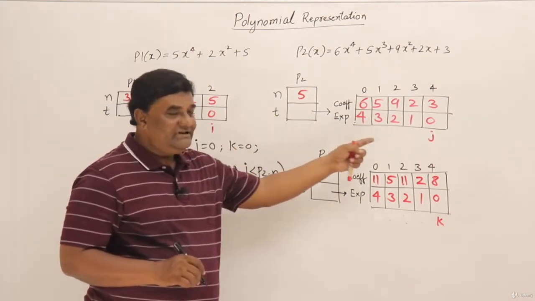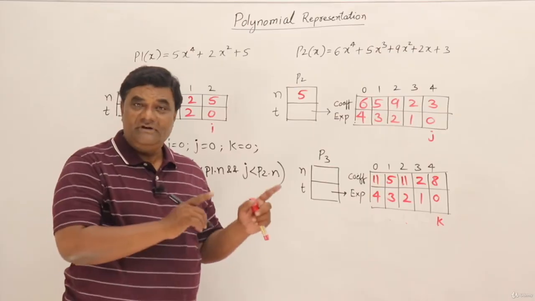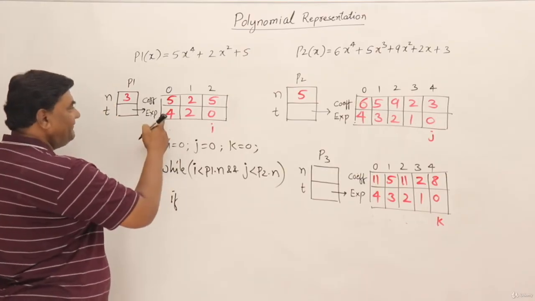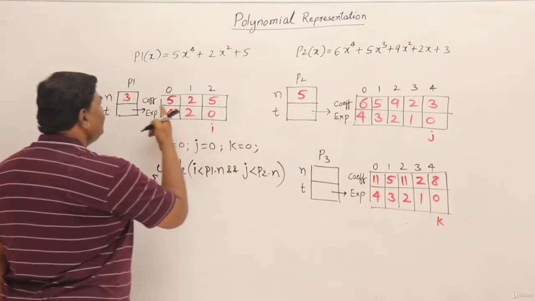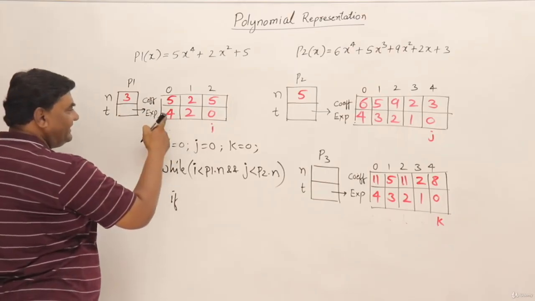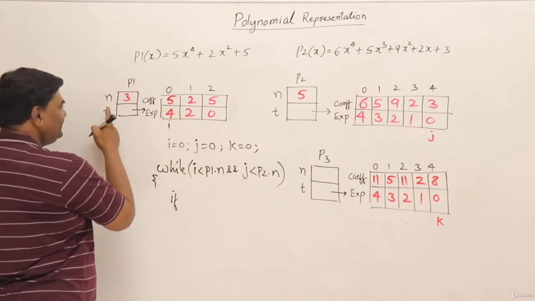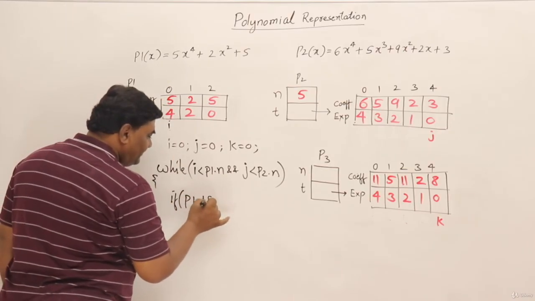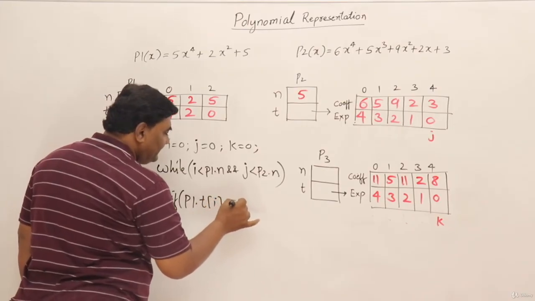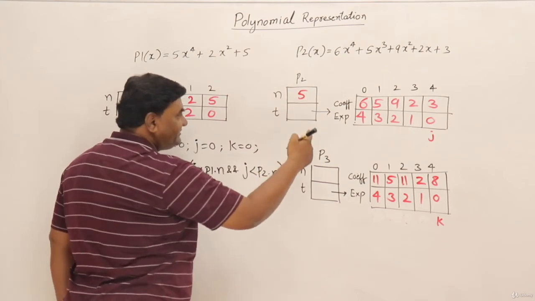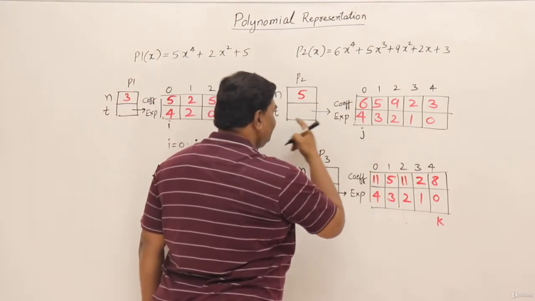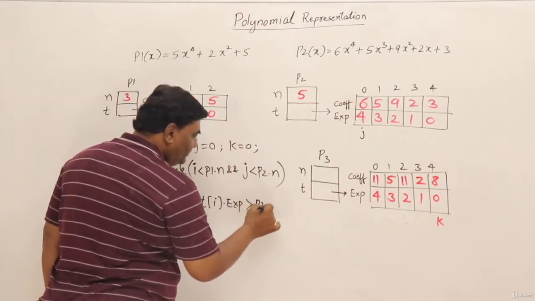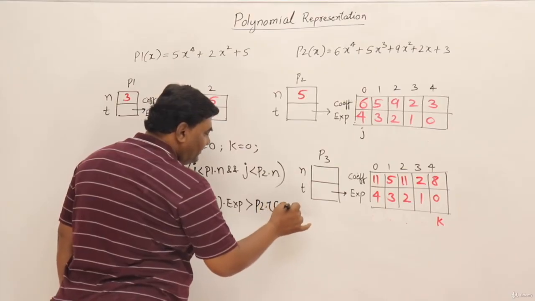While iterating through these, we should compare them. Whoever's power is greater, copy that one. If this is the power, we have to see the exponent. So p1's t of i's exponent. If i is here, then p1's t of i's exponent. If p1's t of i's exponent is greater than p2's t of j's exponent, like j was starting from here, p2.t[j].exponent.